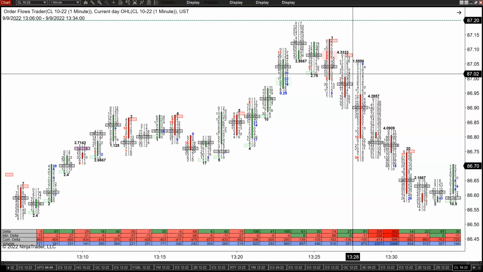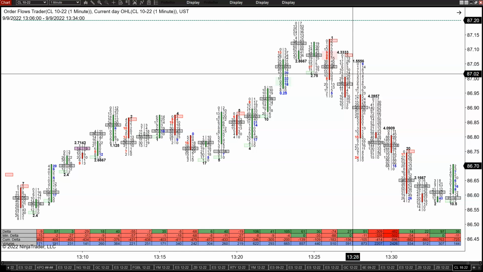Now that's not something you're going to pick up if you're just looking at a normal bar chart, right? You need to be looking at the order flow, specifically the delta, to understand that. The same thing would be true on a market that's rallying on negative delta. It would be telling you that passive buyers are coming in to support the market.